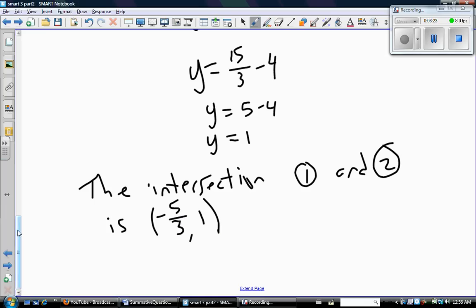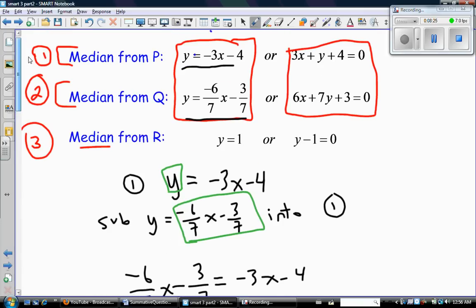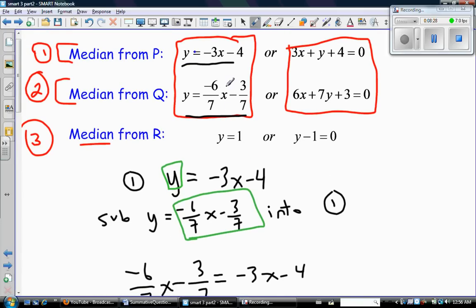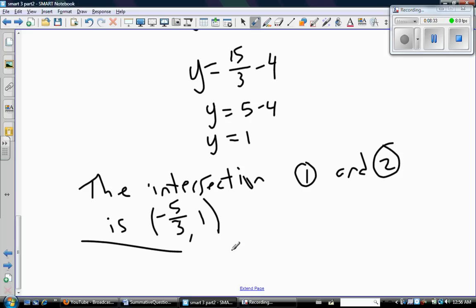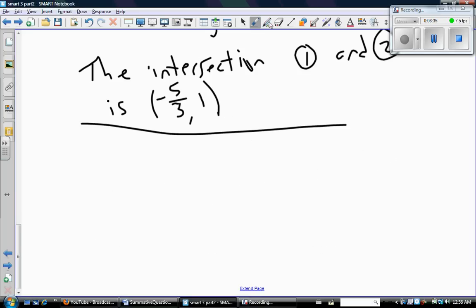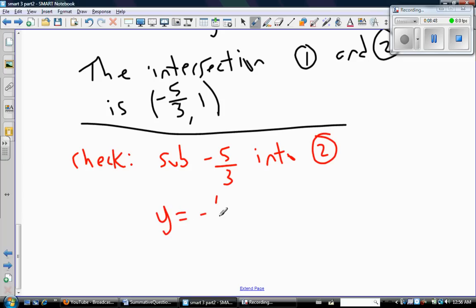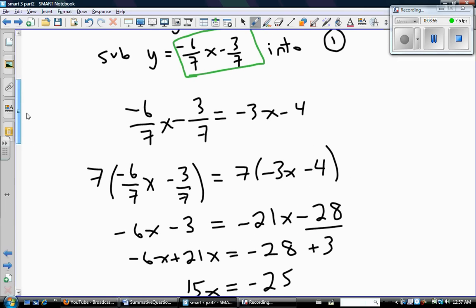And I'm just going to really make sure I'm right. If I sub negative 5 over 3 in here, let's make sure that it works. So I'm going to do a check: sub negative 5 over 3 into 2. So this is what equation 2 says. Was it 3 over 7? Yeah.